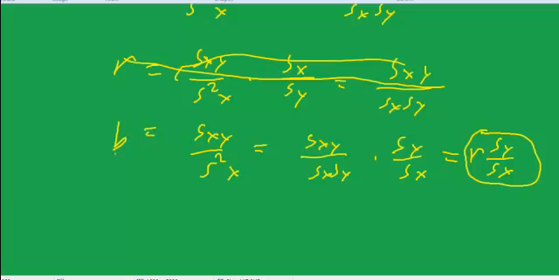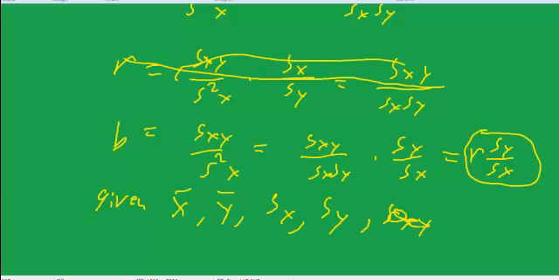So what that means is if we were given x bar, y bar, sx, sy, so the mean of x, mean of y, sample standard deviation of x, sample standard deviation of y, and the covariance and the correlation coefficient. If somebody just handed us the correlation coefficient r on a silver platter, we could then find a and b.